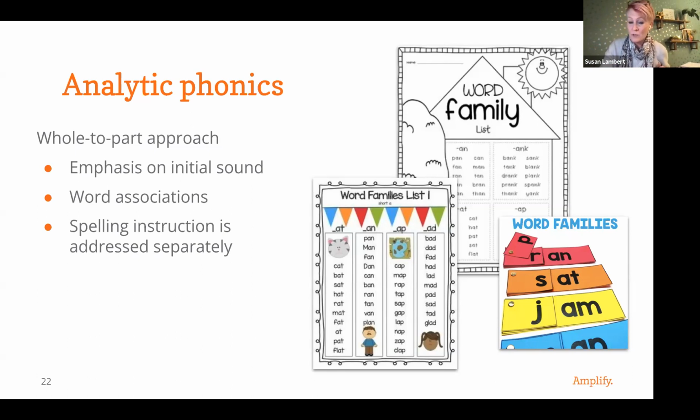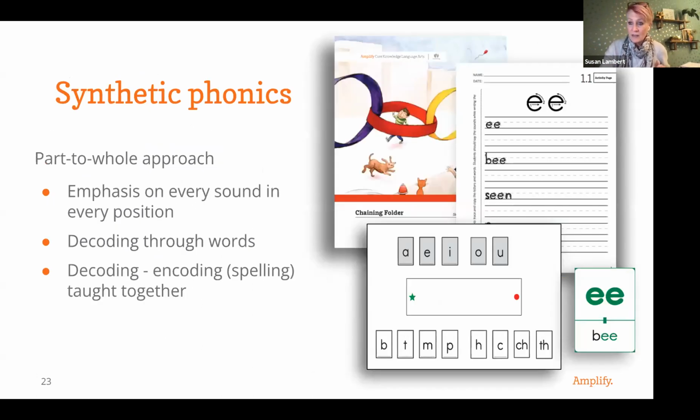All right, let's move to synthetic phonics. So what would that look like if you're using a synthetic phonics approach? Well, this again is that part to whole. So what we're going to do is we're going to make an emphasis on every sound in every position. So you can see this lesson is likely about the double E spelling of the long E sound, right?